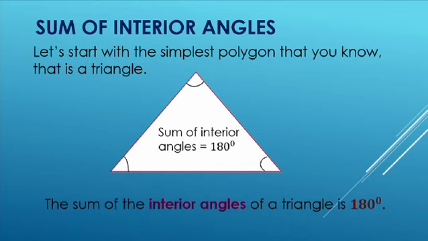That's right. The sum of the interior angles of a triangle is 180 degrees. All the polygons will be based on that, right? So if you need to learn something, it is that the sum of interior angles of a triangle is 180 degrees.